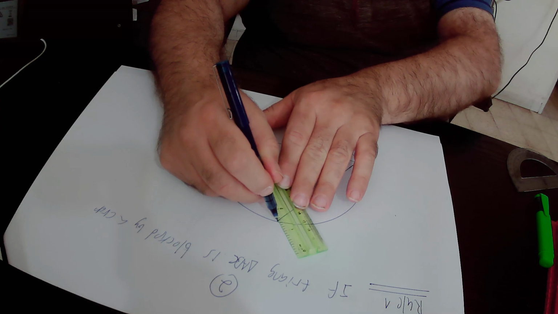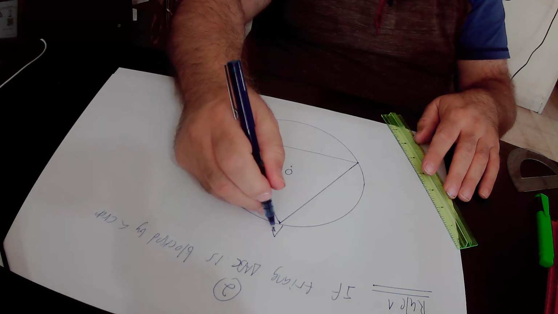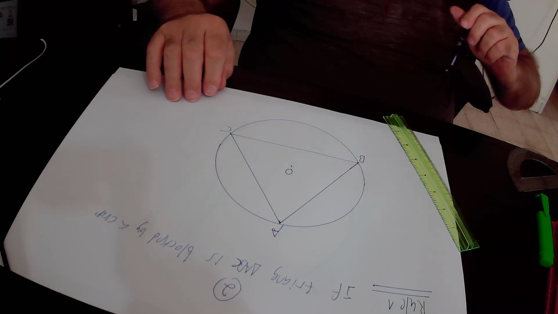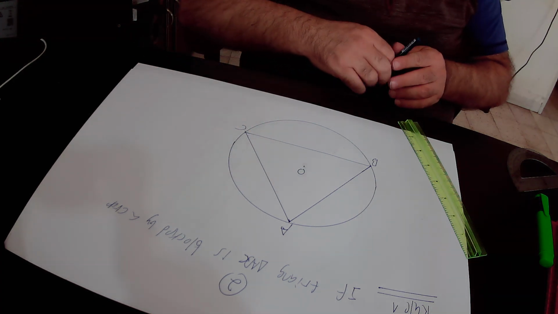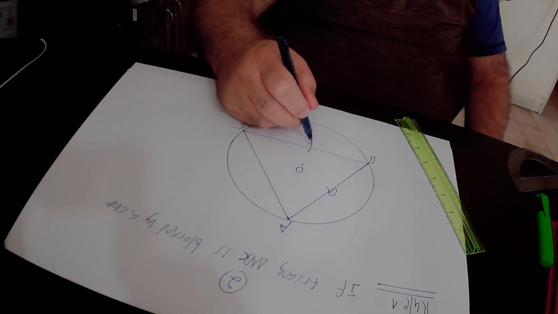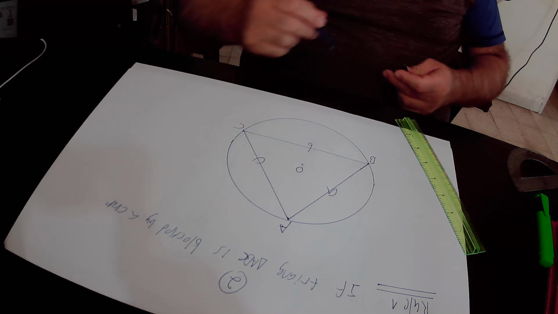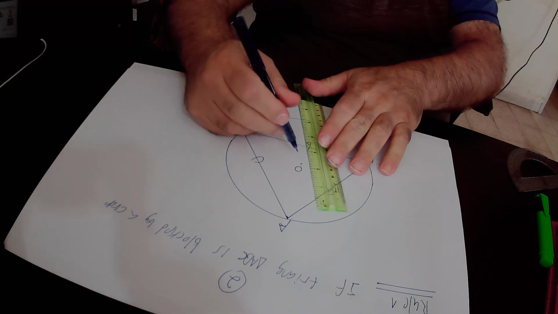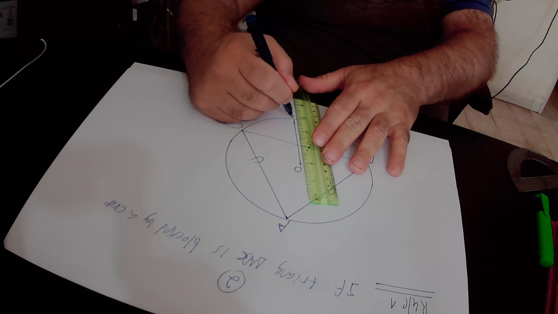This is triangle ABC. The length of side AB is equal to A units, side BC equals B units in length, and finally side AC equals C units in length. And we also know that the radius of this circle, OM, is equal to capital R.